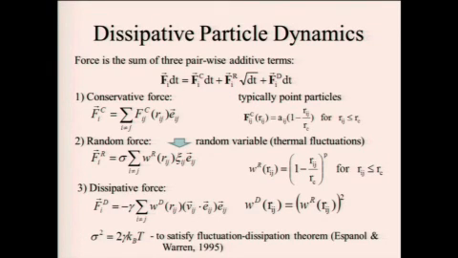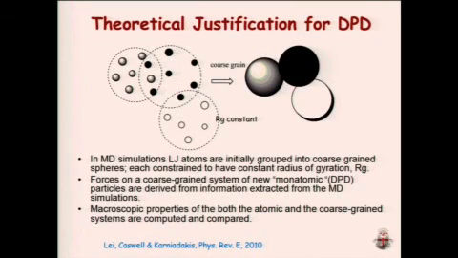So the fluctuation dissipation theorem, which must be satisfied in order to bring temperature into the problem, forces WD and WR to be related in this simple fashion by the square, and the constants which characterize these forces, sigma and gamma, to be related in this fashion. So that brings in temperature, and that is your thermostat, which is a necessity to make the thing work.